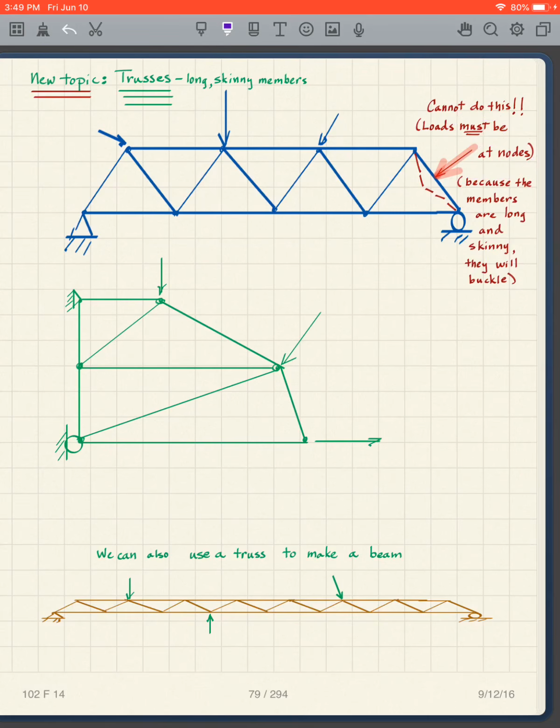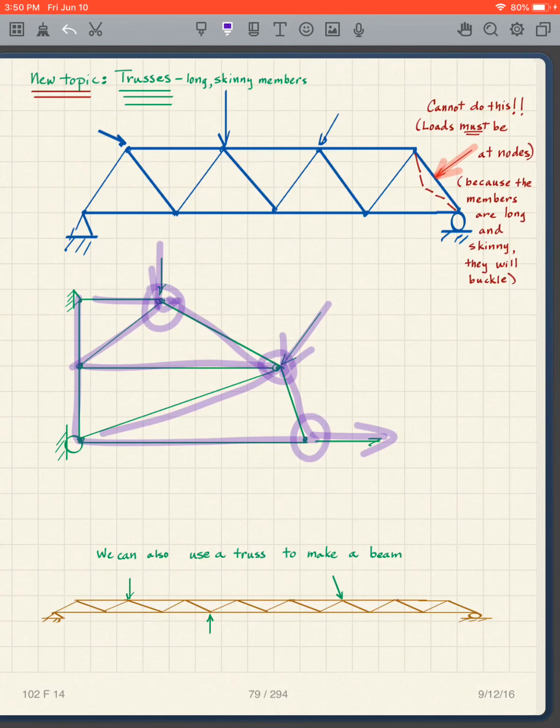Okay, but trusses take many different shapes and sizes. So here's another one. We have a truss here, and we put various loads in various directions. Notice again, of course, they're always at a node.